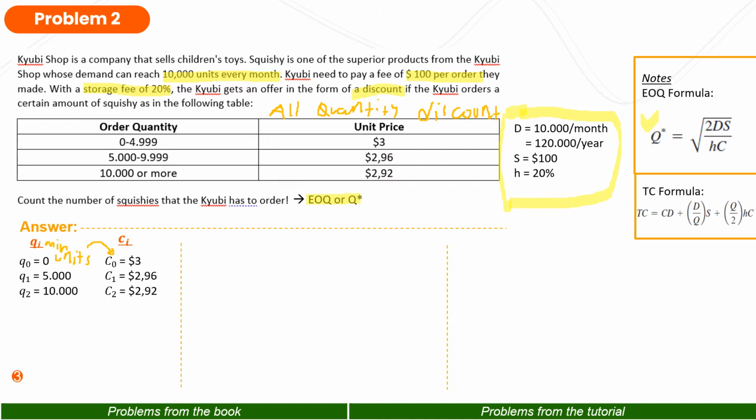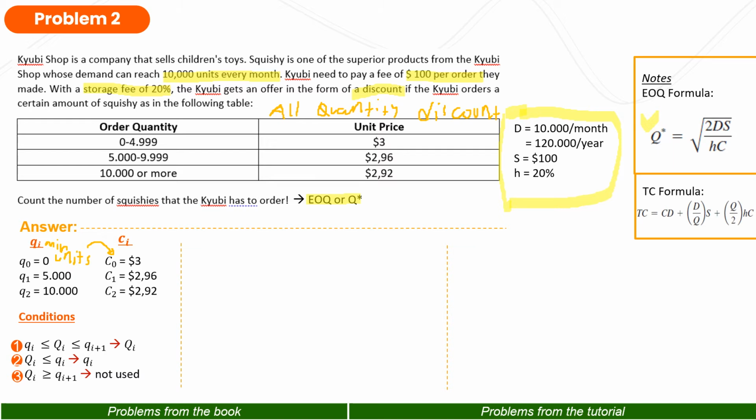So the Q0, the minimum unit to get the unit price of $3, is 0, and the Q1, the minimum units that we have to order to get the unit price of $2.96, is 5,000. And then if we want to get the unit price $2.92, the minimum order is 10,000 units. Okay, so these are the three conditions.